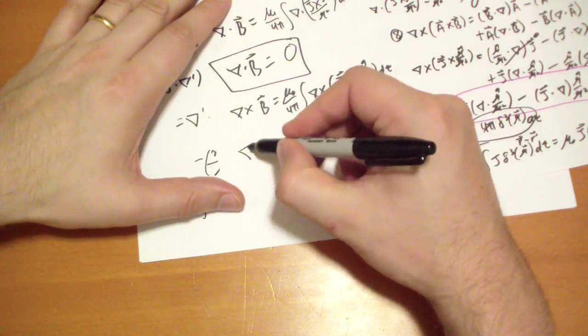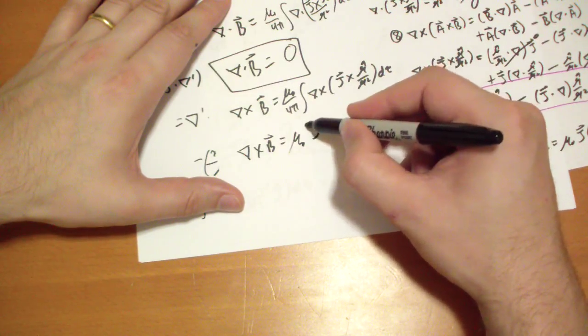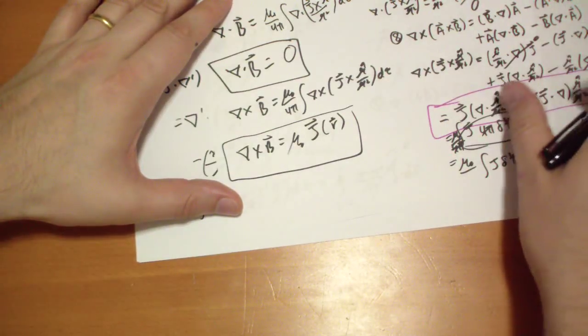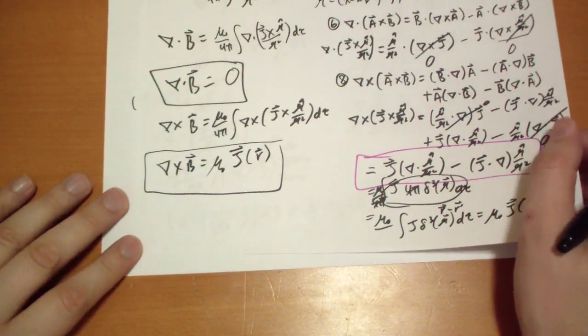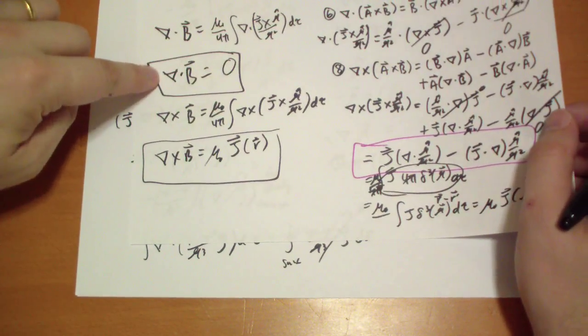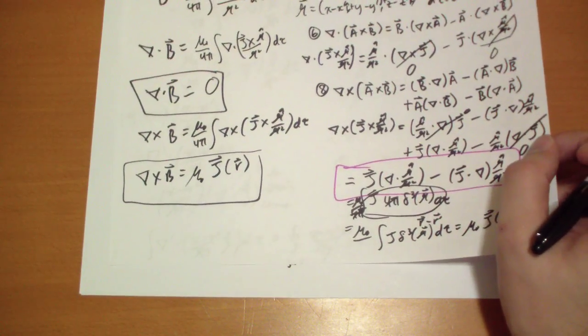So we can safely say that the curl of B is equal to mu naught j vector at that position. So now we have the end result of this mathematical fun and games, namely that the divergence of B is 0 and the curl of B is the volume current at that point times mu naught.